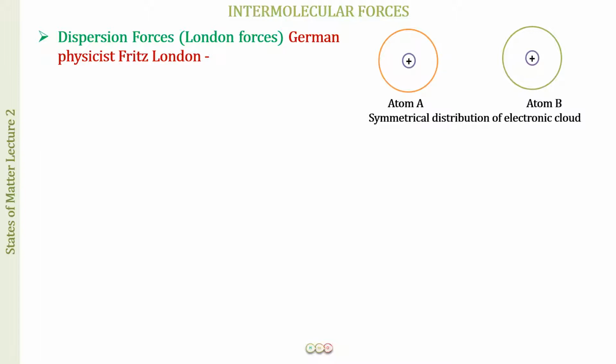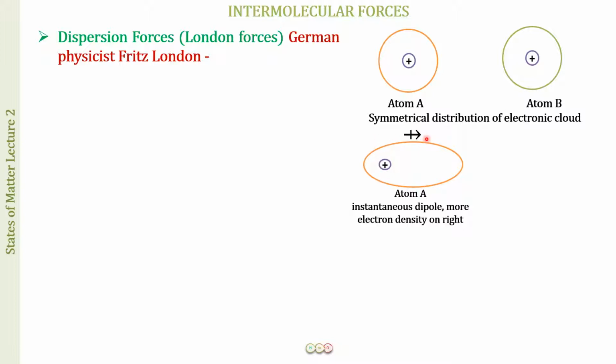The electrons move towards one side, and that region will become more electron rich and the other region would become less electron rich. In that case, what will be the structure of that atom or the molecule? You can understand this. So this is the nucleus present in the center.